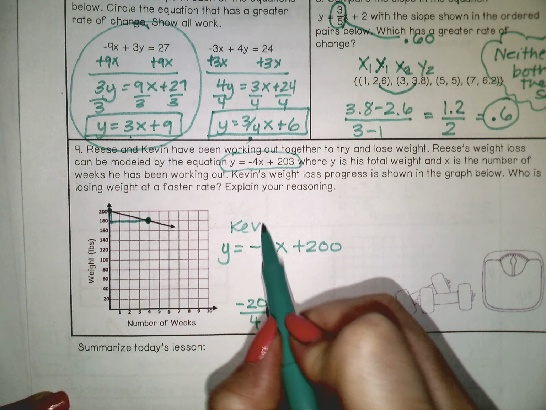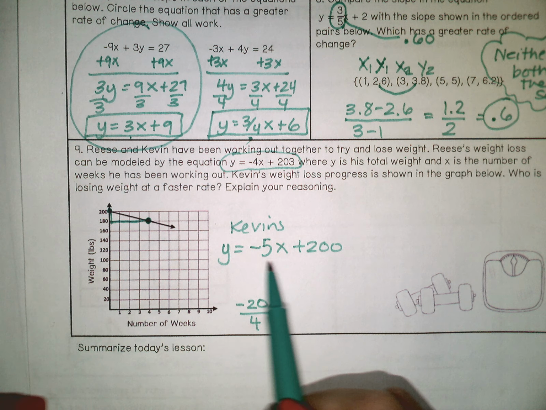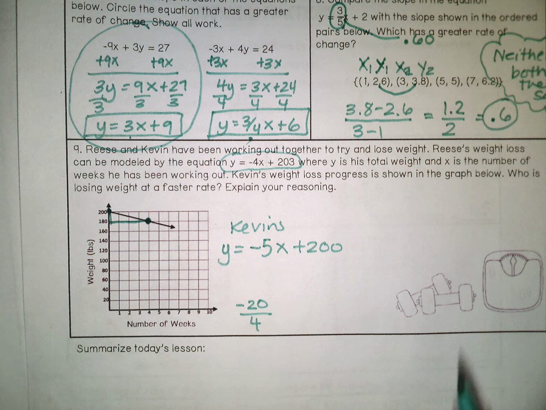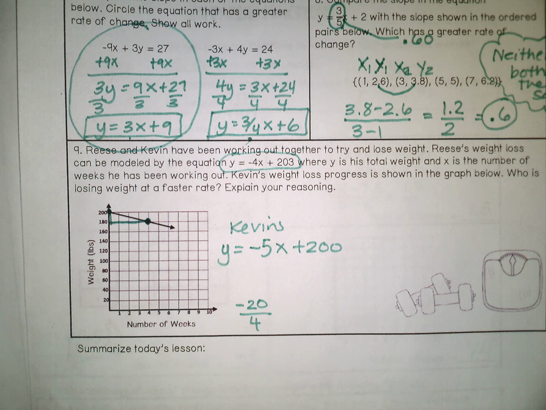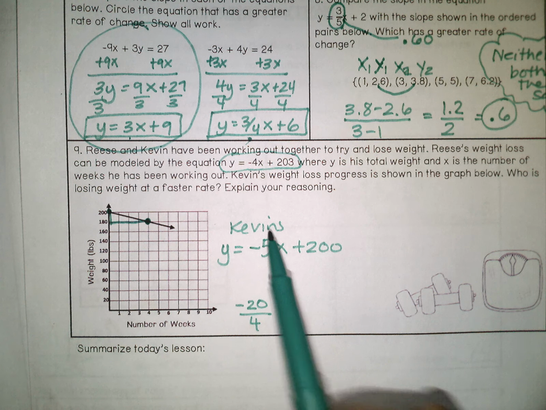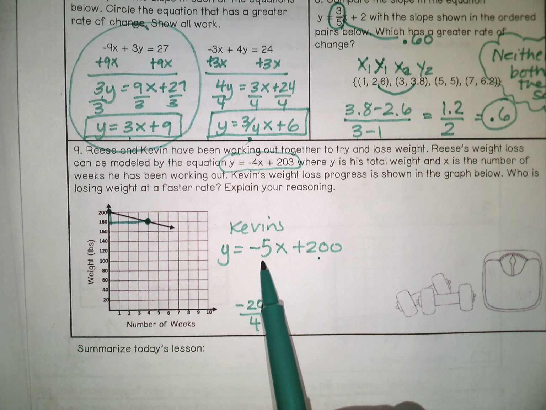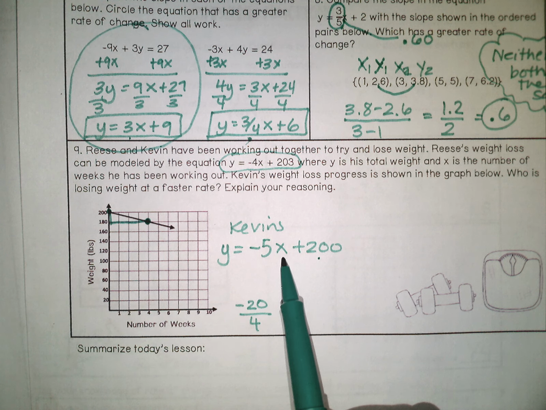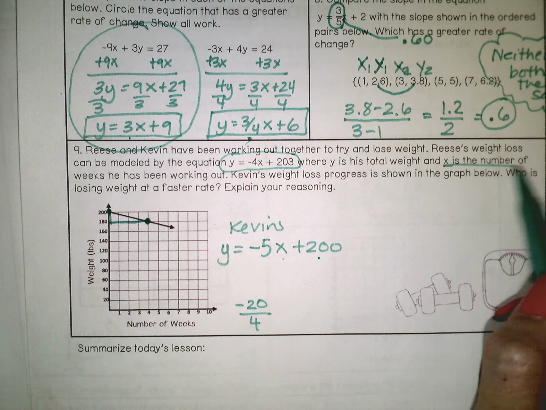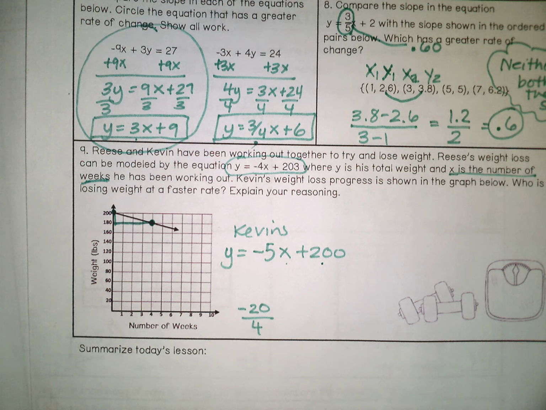Remember, x stands for the number of weeks. Y is the weight. So if we wanted to know what his weight was after 3 weeks, we would plug in 3 for weeks, solve this, and that would tell us what Kevin's weight would be. Okay, so who is losing weight at a faster rate? What do we care about here? Our rate is our slope.